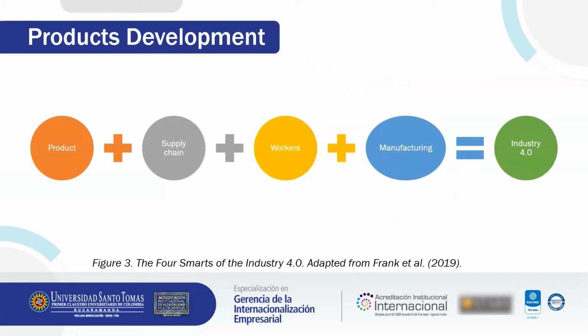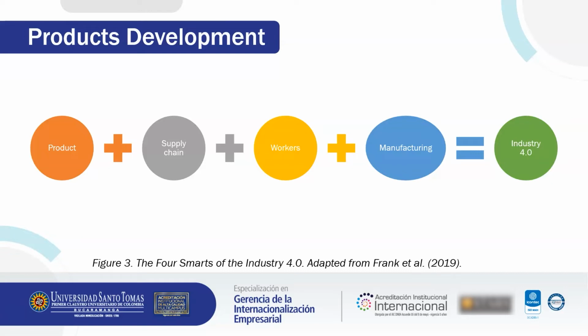In the same way, to analyze products and process to gain competitive advantage, it is needed to mention the Industry 4.0 innovative model proposed by Frank, called 4 Smarts of the Industry 4.0, as we can see in figure number 3. Smart products and services are cyber-physical products or systems. Smart supply chain.